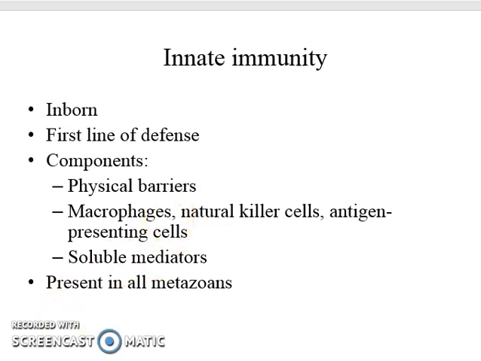Next, what are the components of the immune system? The components of innate immunity consist of physical barriers, macrophages, natural killer cells, antigen presenting cells, soluble mediators, complement proteins, cytokines, and different pattern recognition molecules.